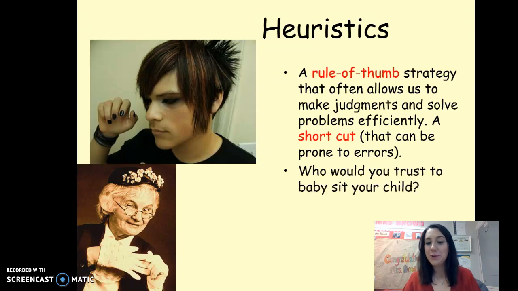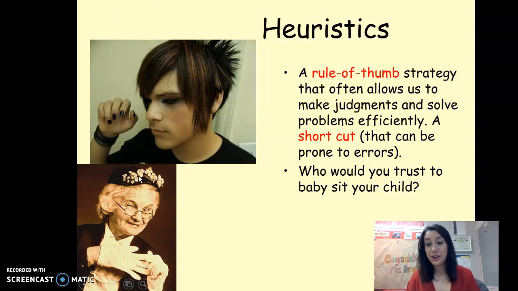For example, a lot of heuristics play into our stereotypes, into our prototypes, the best example that would come to mind of something. If I ask which of these two people would you trust to babysit your kid, using heuristics you might have a stereotype that this guy up here is a grunge rocker dude who might not be as reliable as this sweet old grandma.